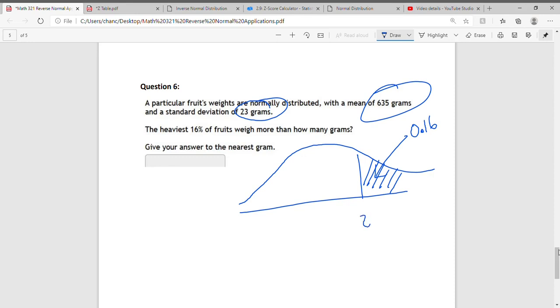So we need to find the z-score that gives us the area to the right of 0.16. So I could subtract 1 minus 0.16 to find this area, and that area is 0.84. Now let's go to our Z table to find the closest area to 0.84.